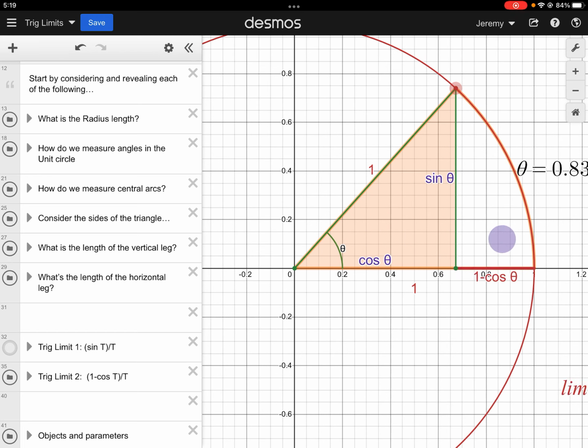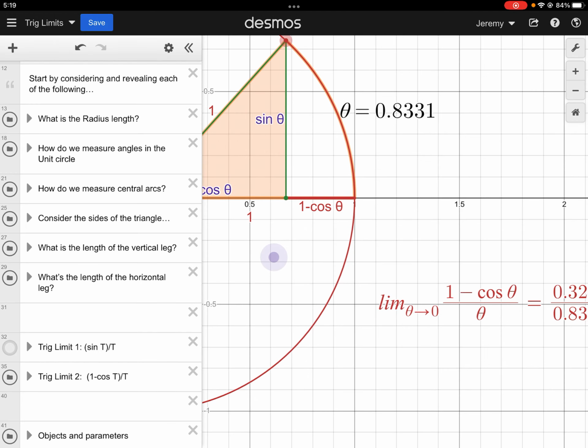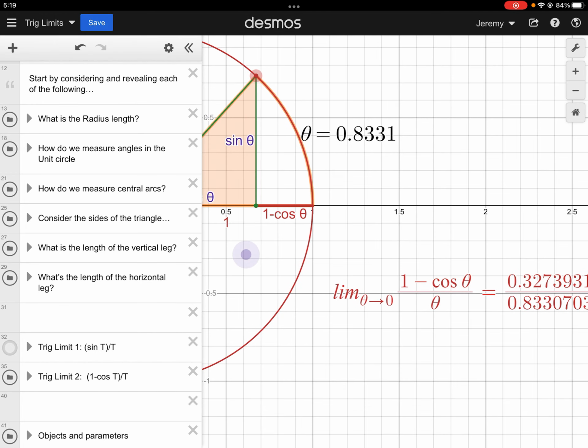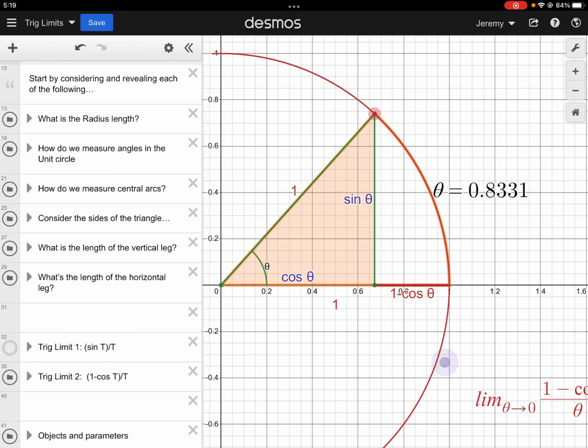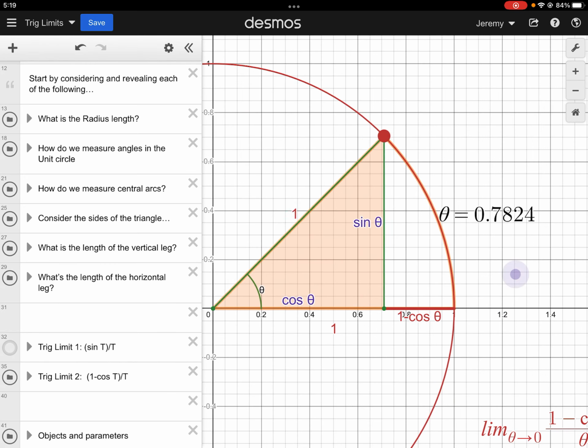That's 1 minus cosine, that little red line there. So we want to compare that little red line to this orange arc here. That's what we're comparing: 1 minus cosine over theta. That's our limit. What's the comparison of that little red line and that orange line as the angle goes to 0?